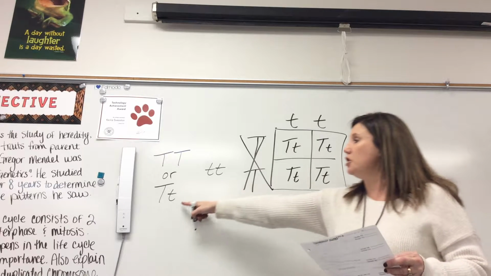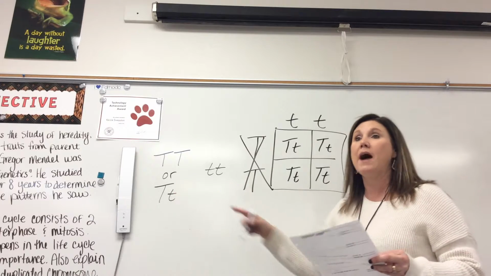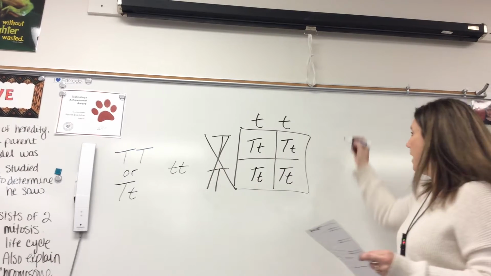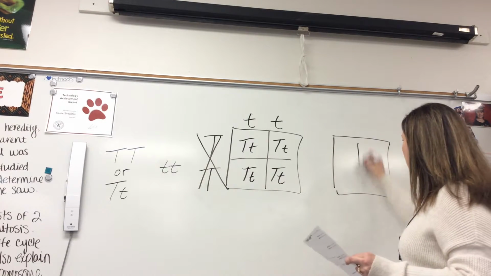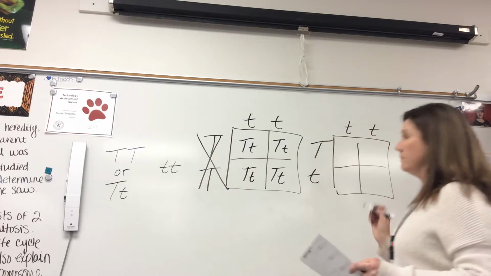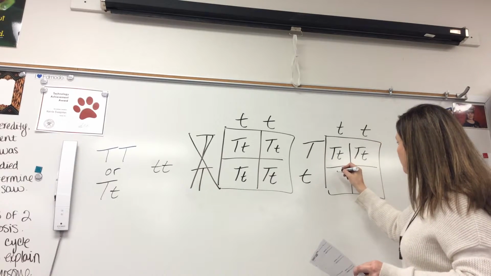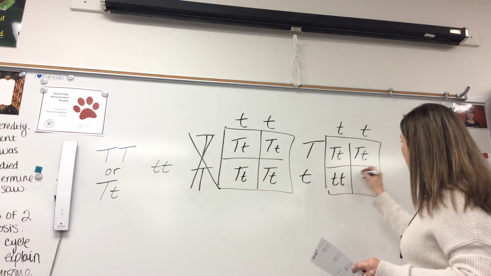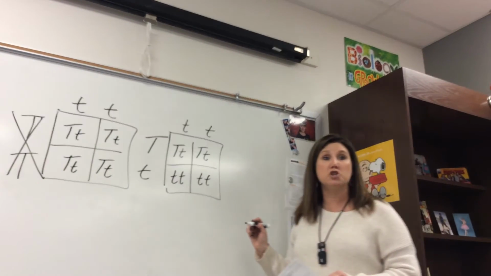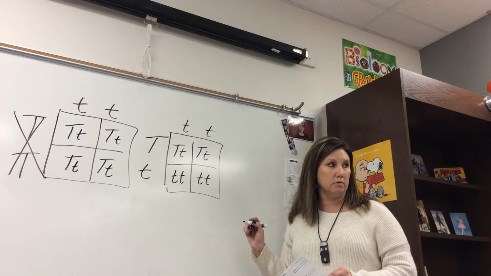So I'm going to have to use the tall parent that carries that recessive allele if I want to see any short babies in my Punnett square. Okay? So the correct one would be that. And if you do that, you see about half of those do in fact come out to be short. And that's what the word problem said. Some of the offspring are short.